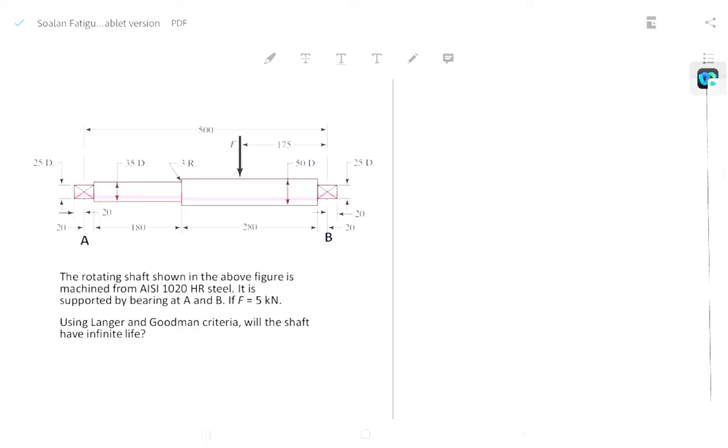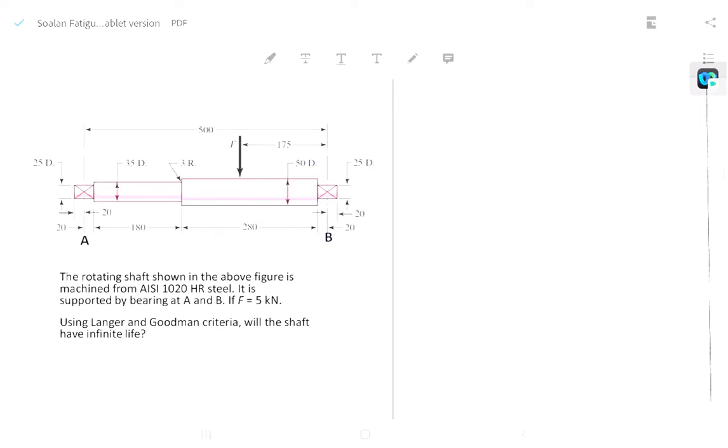This is a shaft. A rotating shaft, both ends A and B have bearings, and the shaft is rotating, and there is a load applied on the shaft, 5 kilonewtons.